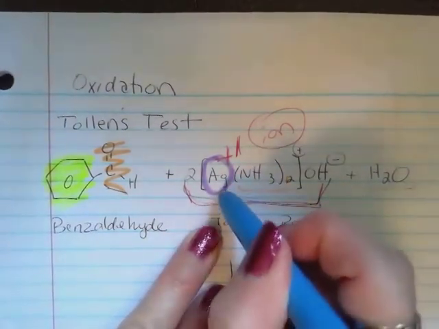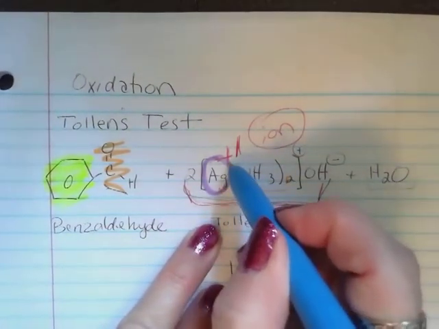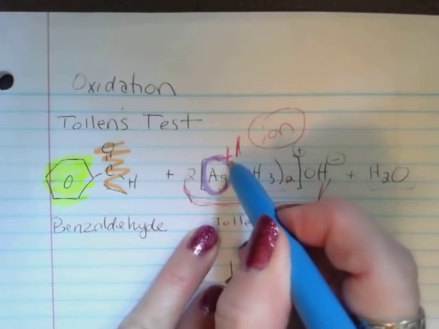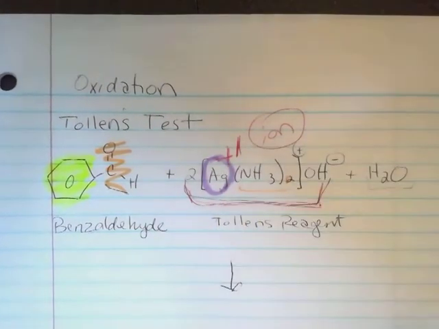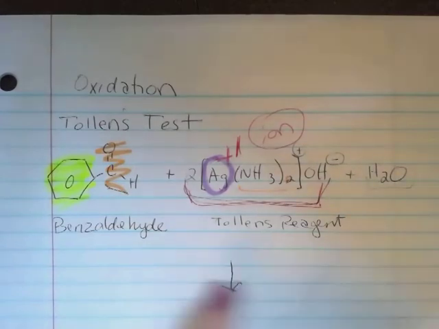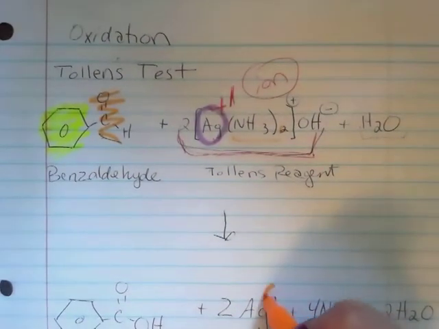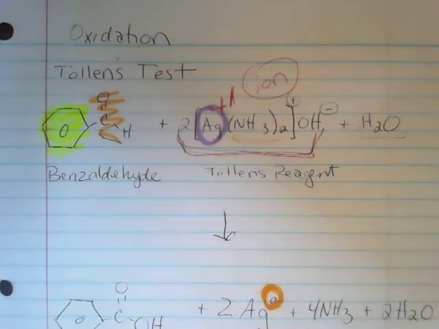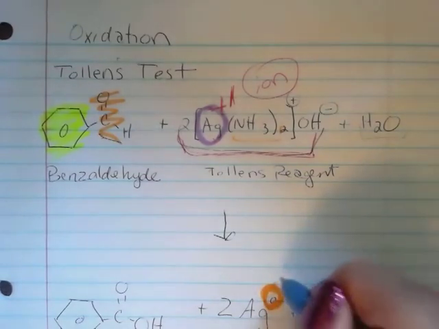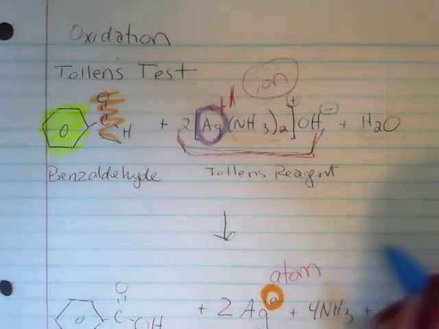What we really want to know is that this goes from a +1 after this reaction to a 0 charge, which makes it an atom, not an ion.